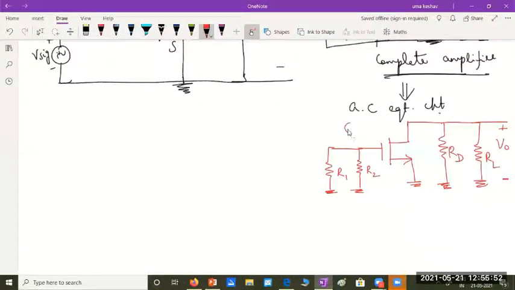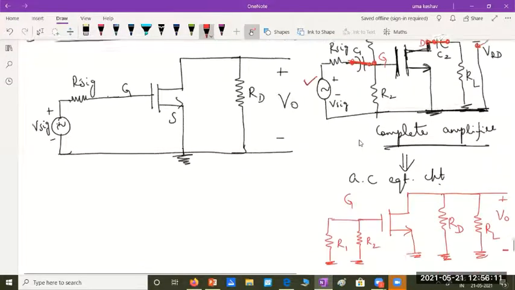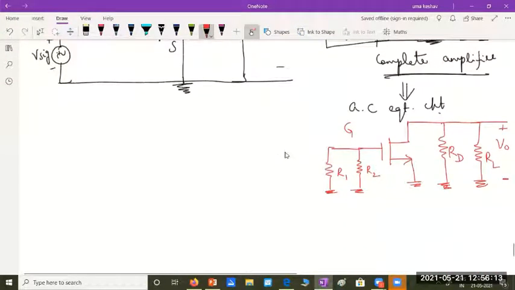Both are connected between gate and ground. And what else is left on the input side? Because this capacitance is shorted, I now have to connect the AC signal source VSig in series with RSig. So here I should include VSig in series with RSig.